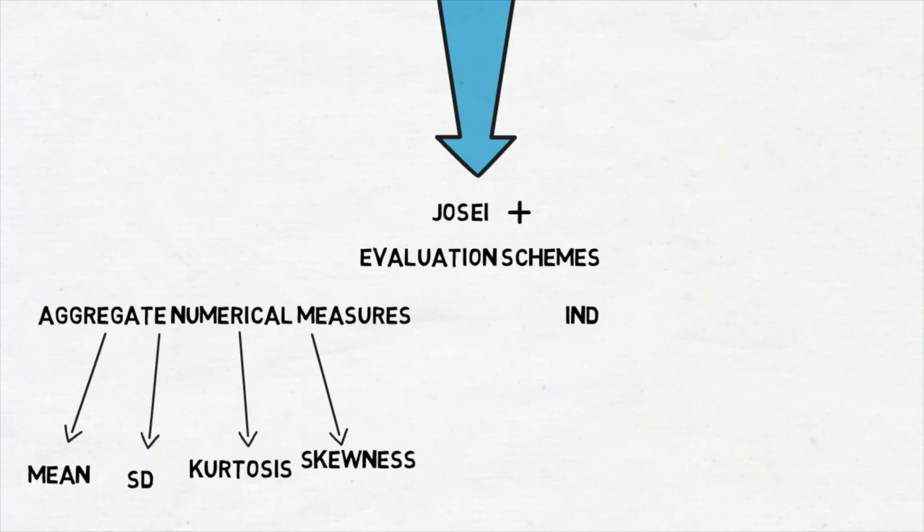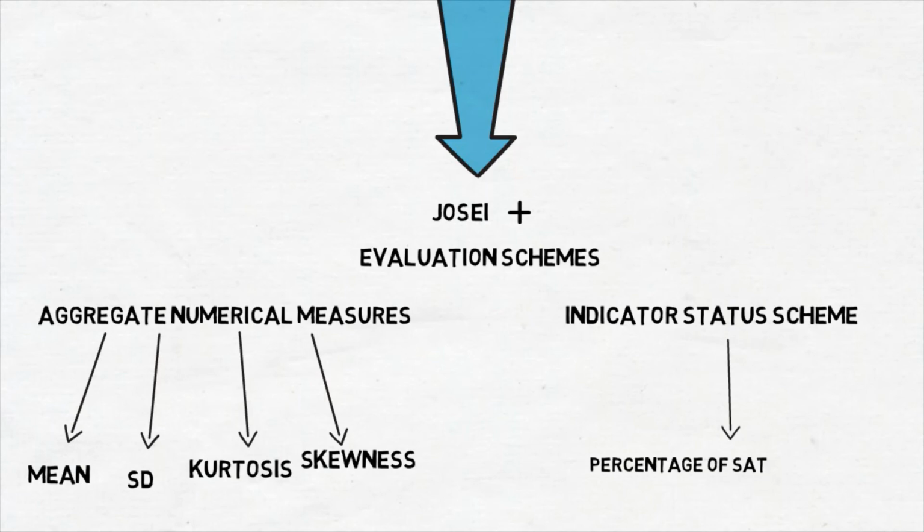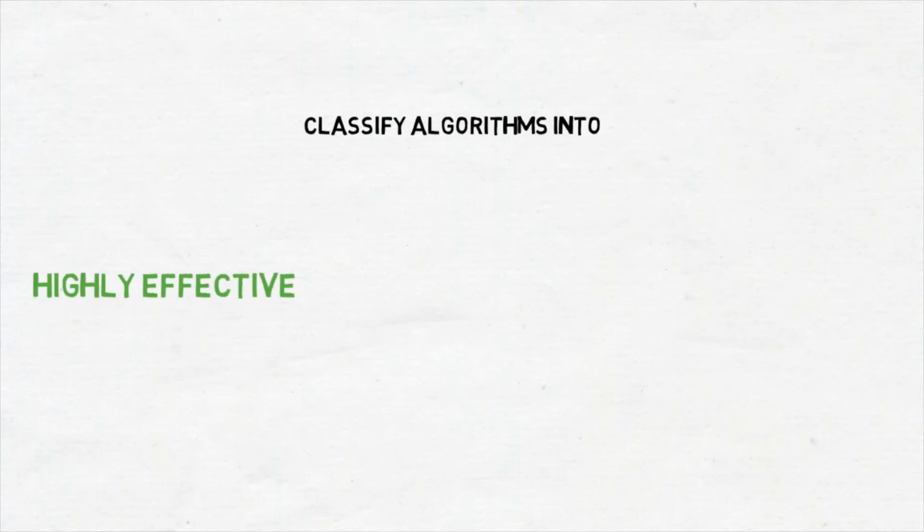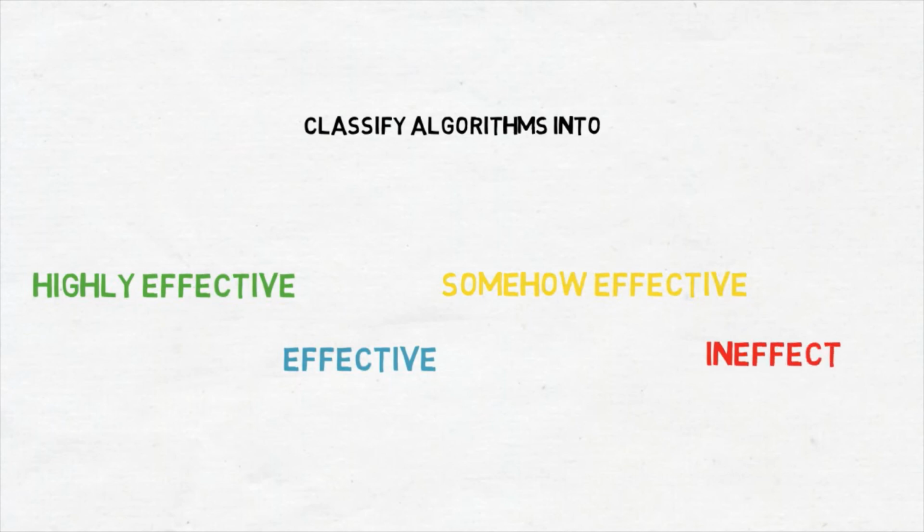Another scheme, indicator status scheme, comprises percentage of satisfaction that equals the percentage of key indicators that attain a rank of satisfactory and above, which also helps in classifying an algorithm with more accuracy. The classification occurs based on charts comprising 4 performance levels: highly effective, effective, somewhat effective, and ineffective.